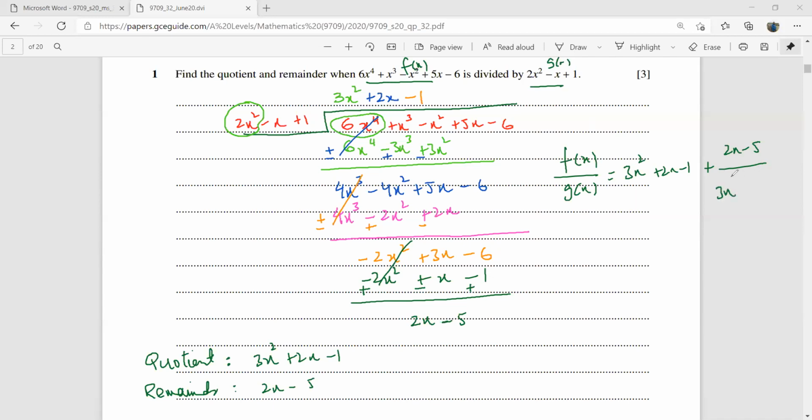This is also a way of writing this. For example, if you divide 7 by 2, 2 threes are 6, you subtract, you get 1. So 7 over 2 is 3 whole 1 over 2, which is the same as 3 plus 1 by 2. So this is the first question that we complete.